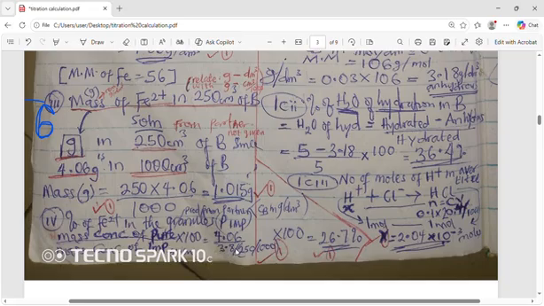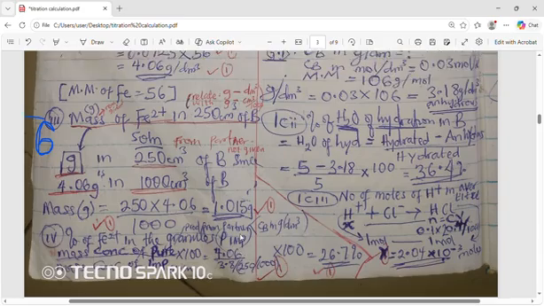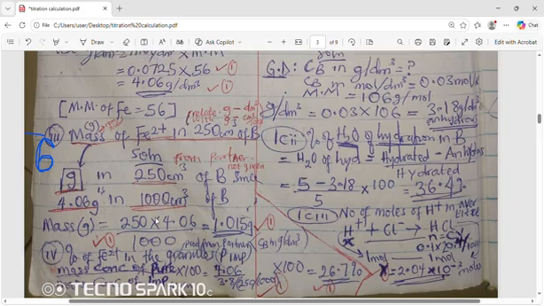I change the 250 cm cube by dividing by 1000, turn it to dm cube. So how will I get the pure one, the pure grams per dm cube in my numerator? I will get that from my calculations. You will see that there will be a place where I would have gotten grams per dm cube for my B. So the 4.06, let's search for it now.